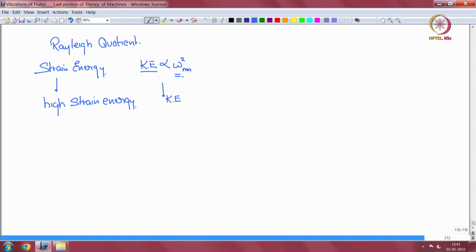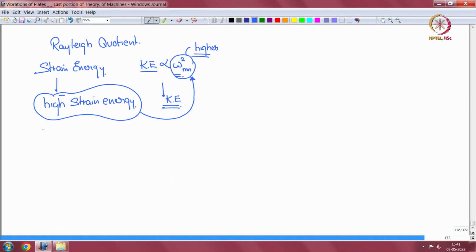That is how you get a balance, and therefore this natural frequency number is higher wherever there is higher strain energy. So from the amount of strain energy, you can get a feel for where the natural frequency can lie.